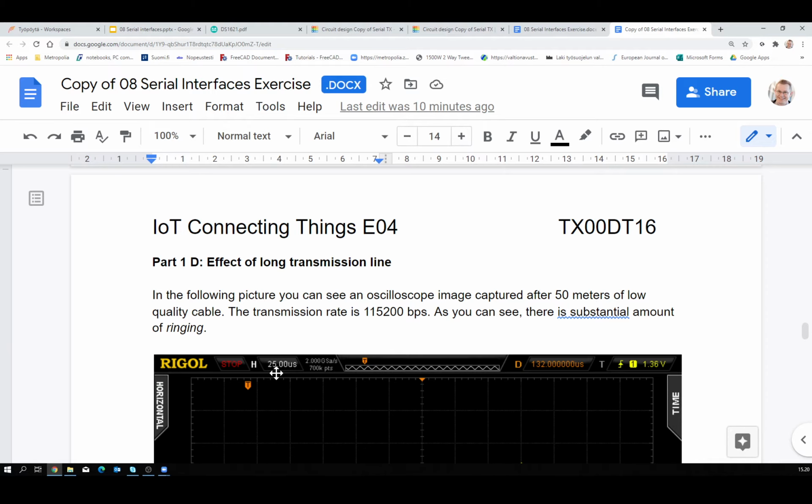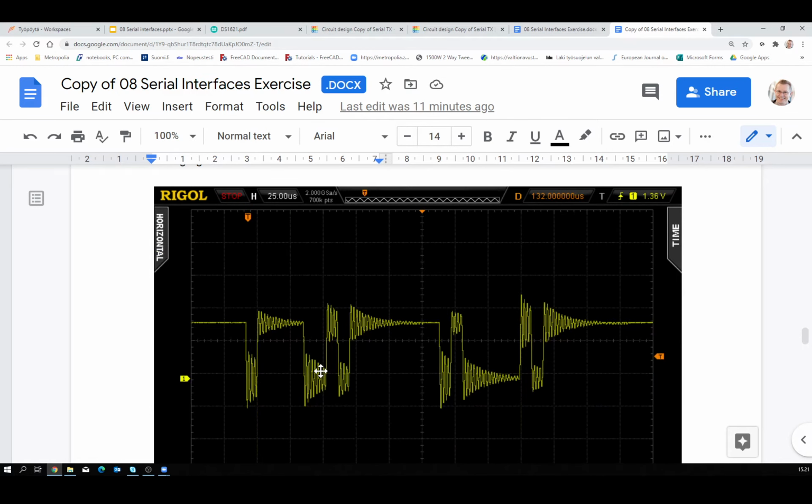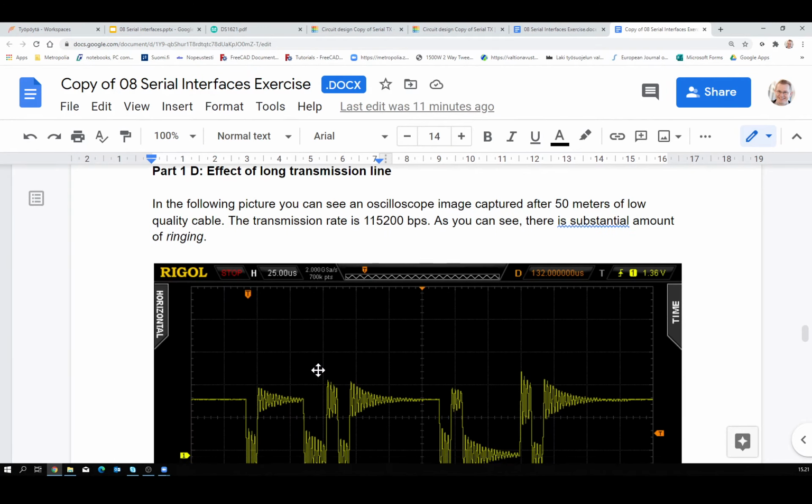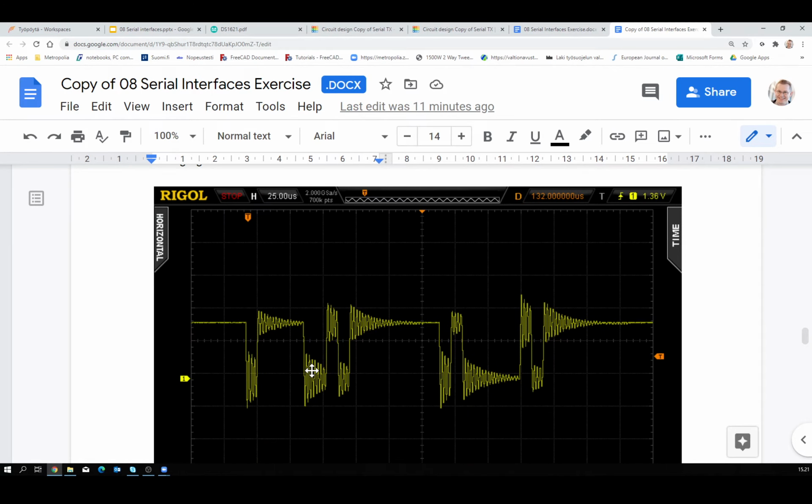Okay, the fourth part of part 1, part D, is about long transmission line. This is something that Juho did, was it yesterday or Monday evening? As I said, he has his own home laboratory.